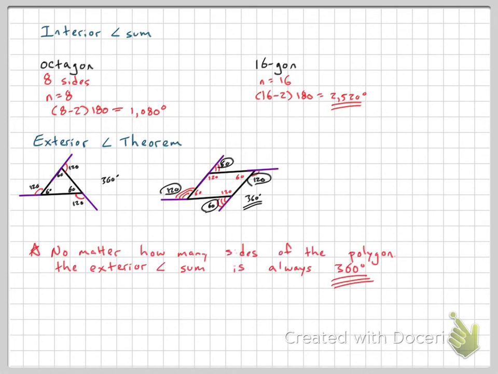Okay? And that is because no matter how many sides the polygon has, the exterior angle sum is always 360 degrees. It will never change. So where interior angle sum gets larger the more sides you add, the exterior angle sum for any polygon, whether it's a triangle or a 30-gon, is always 360 degrees.